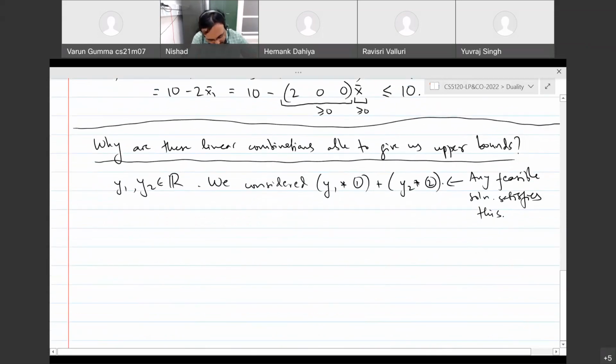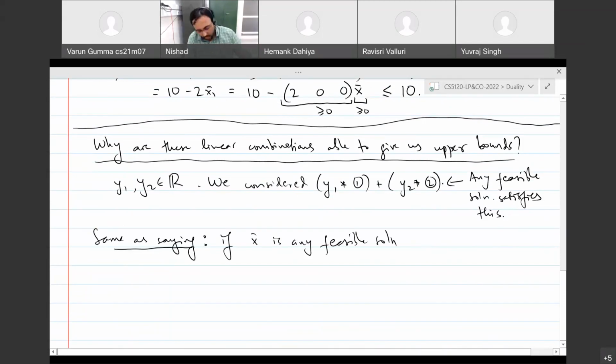Now, can we do all of this using vectors instead of specific multipliers, right? So can we generalize everything using vectors and matrices? So this is the same as saying that if x bar is any feasible solution, right? So what does that mean?